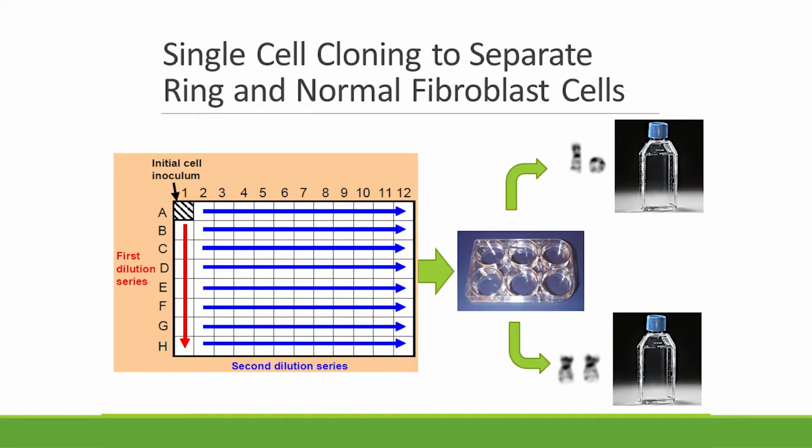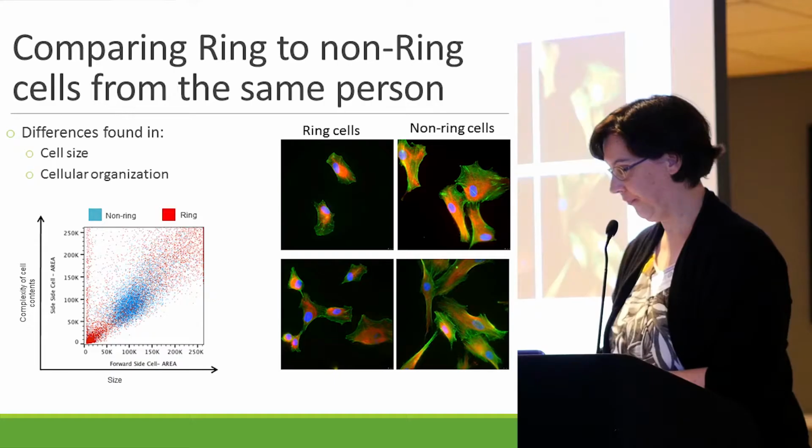She did that with a lot of dilution, and we were able to get ring and normal from the same person. These cells really allowed us to do some of the genetic experiments, because now we didn't have to worry about person-to-person differences. From the same person, we had a normal cell and a ring. So we could really use these to see what the ring does, as compared to normal, where the only difference is literally the presence of a ring.